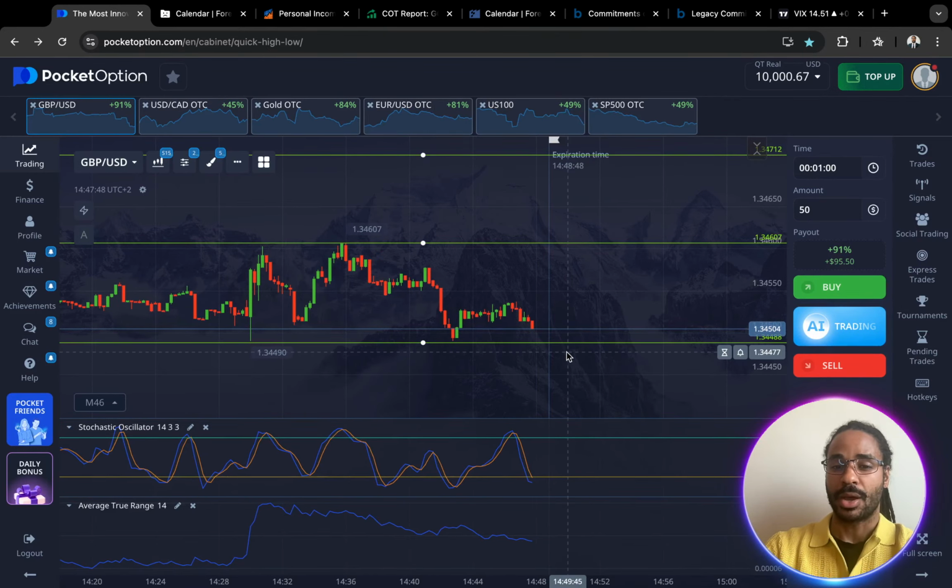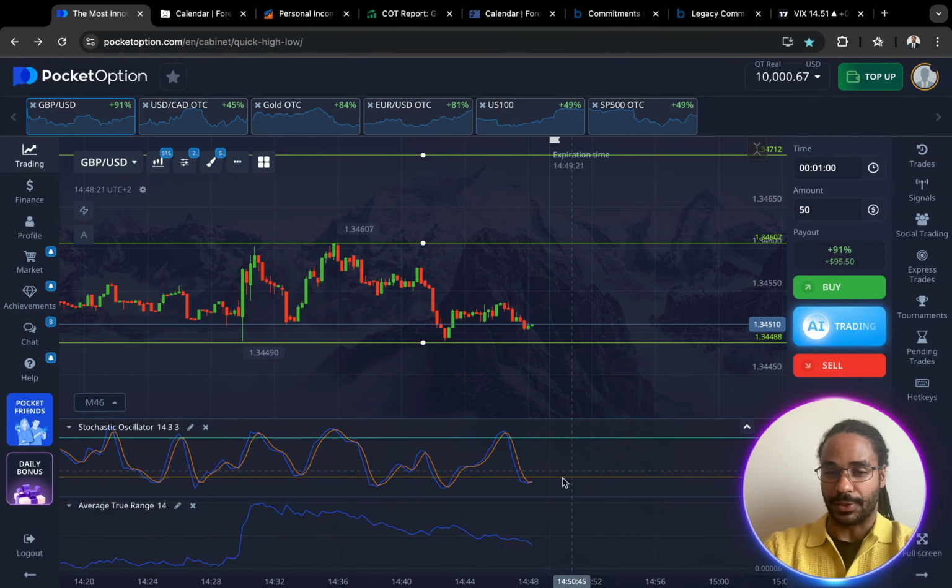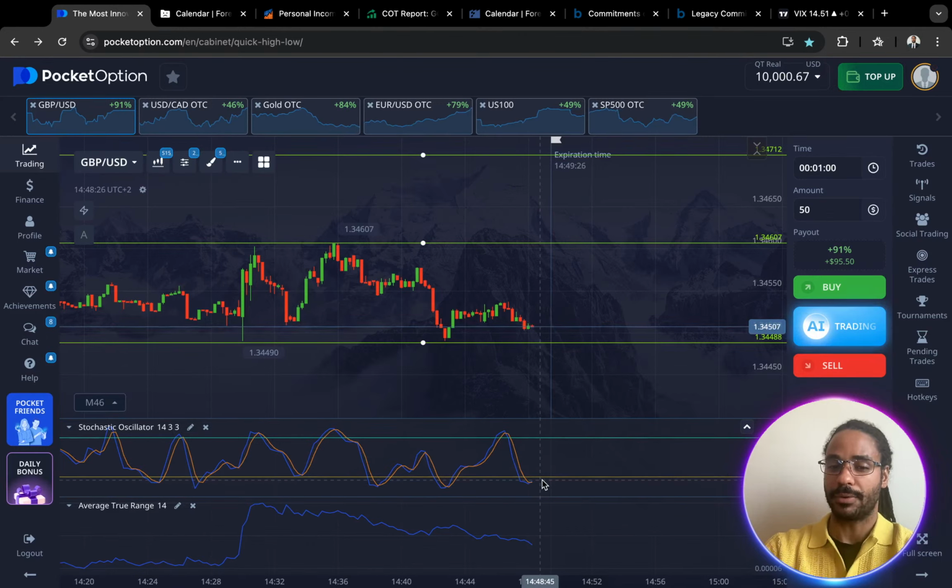So some other extra confirmations that you might need, I'm running through all of them, because as we move forward with these streams, I will start to dig deeper in each of the strategies, all right? When the stochastic is way below the oversold zone, you need to avoid going short.